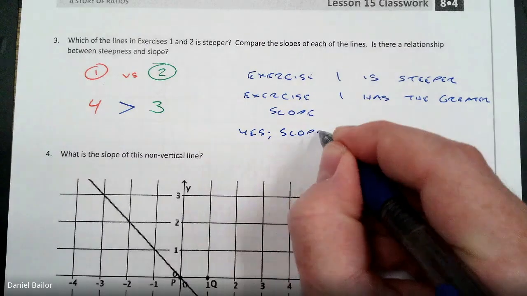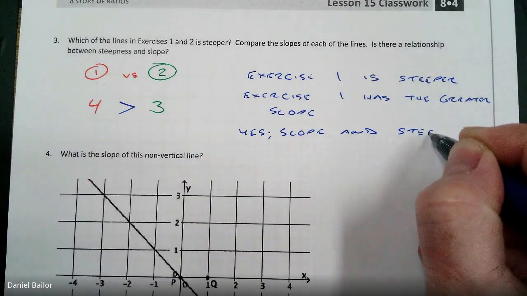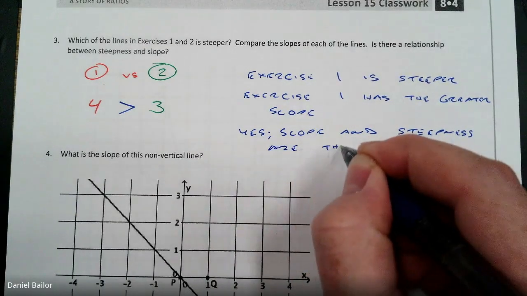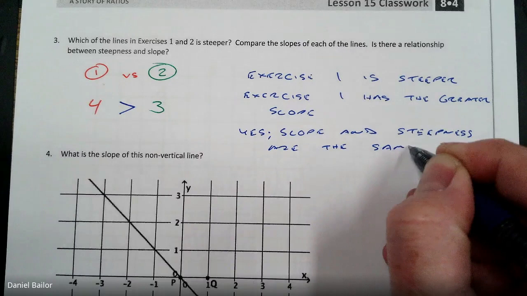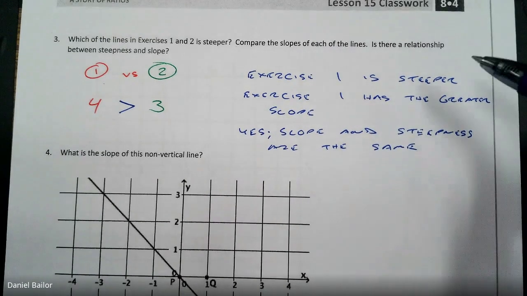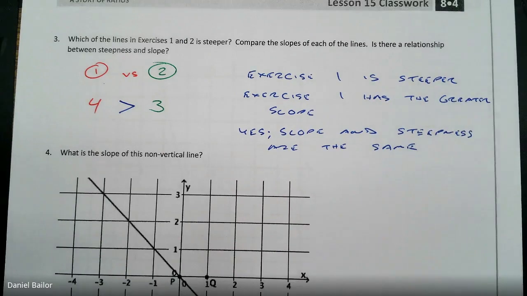Slope and steepness are the same. That's what we just learned. Because exercise 1 is steeper, exercise 1 has the greater slope, so slope and steepness are the same thing.